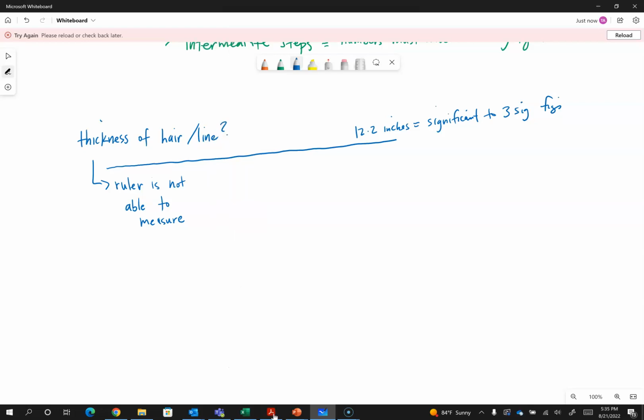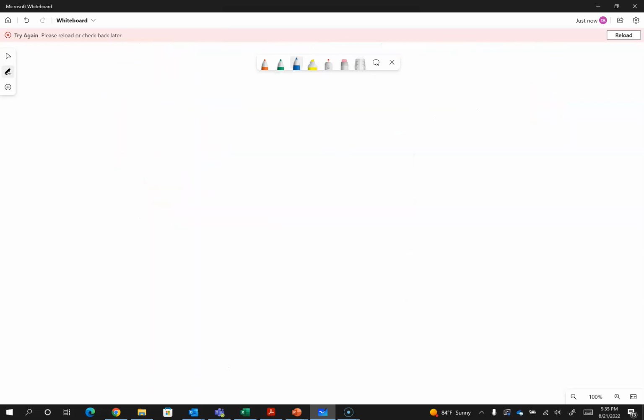Now I'd like to do one more unit conversion for you, because it can be a little more complicated when we get to, say, density. The density of ice is approximately 900 kilograms per meter cubed.